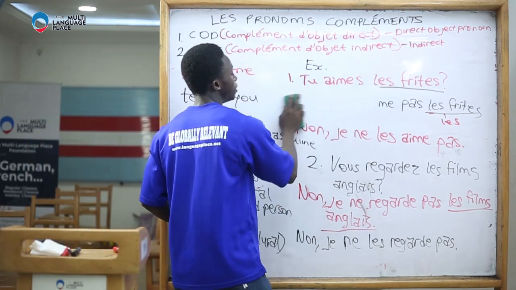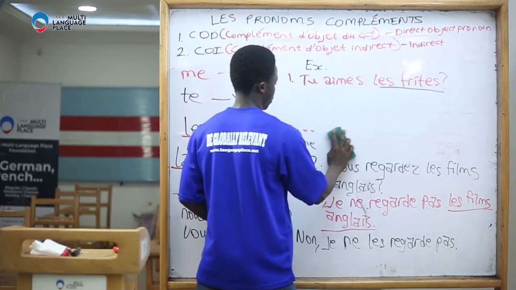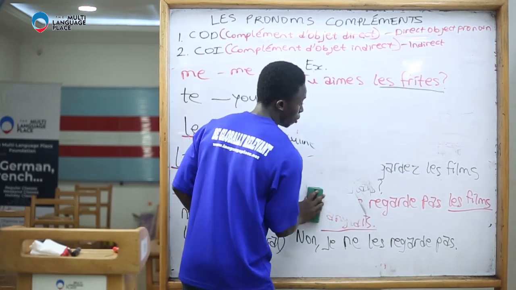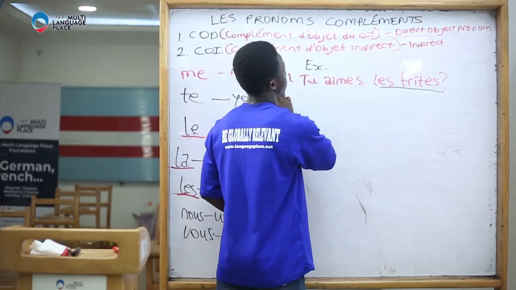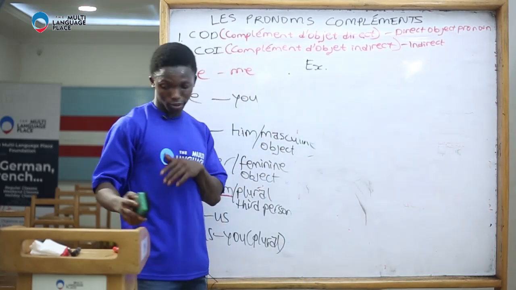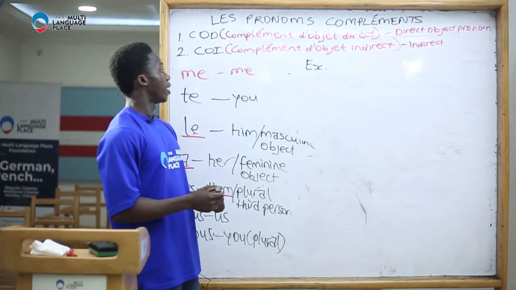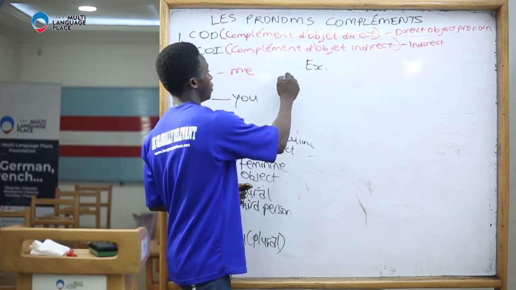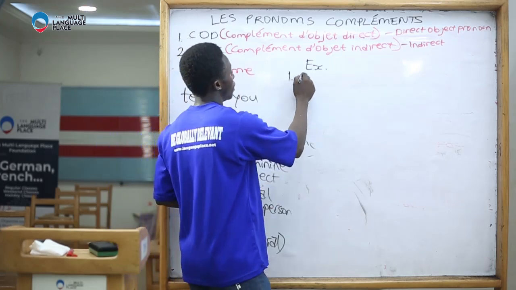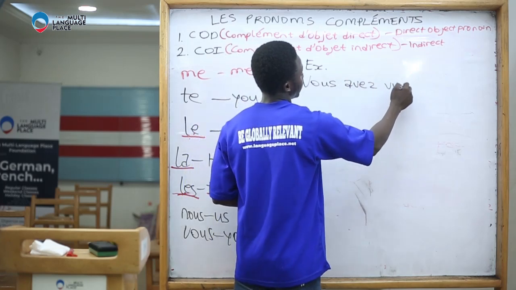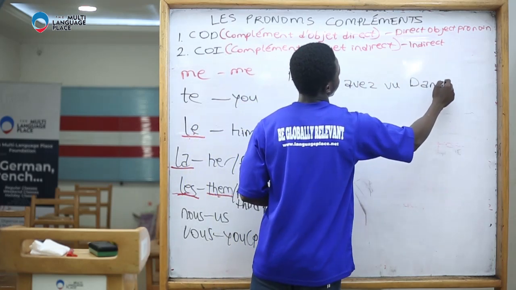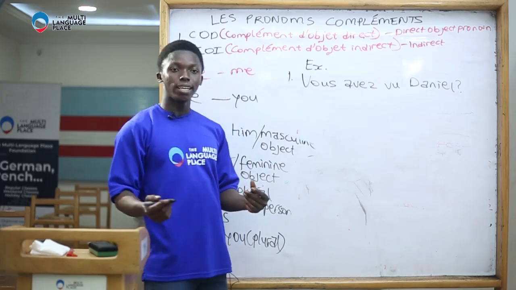So let's see other forms where we could use COD. For example, in passé composé, when we are talking about the past in French. For example, if someone asks me, Paul, vous avez vu Daniel?